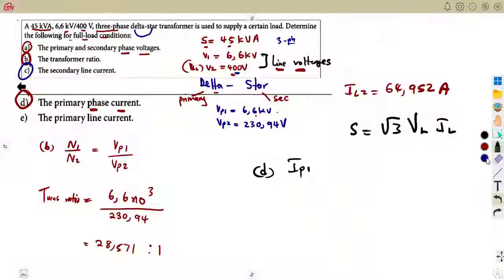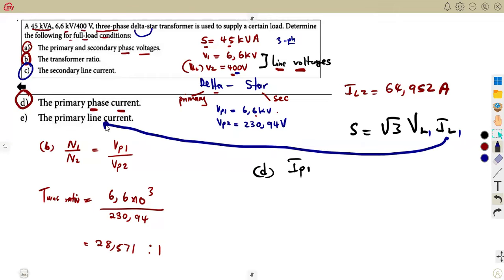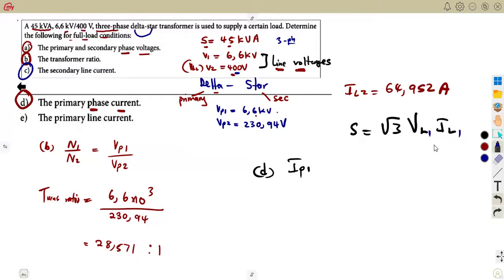If it is the primary side, I'm going to consider it as 1, 1. I'm calculating the line current of the primary. But check the other question, what are they saying on E? Calculate the primary line current on E.